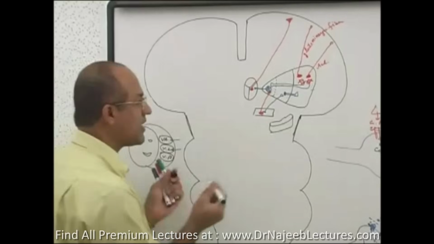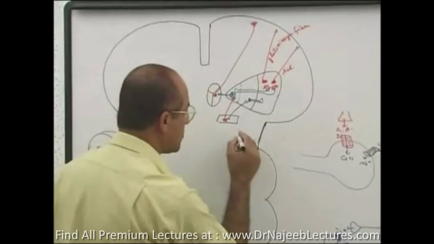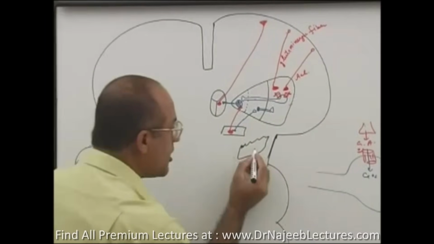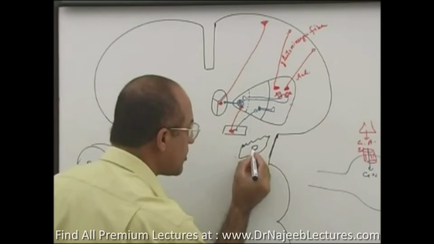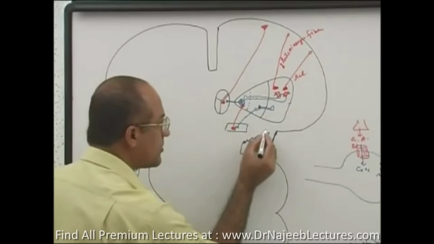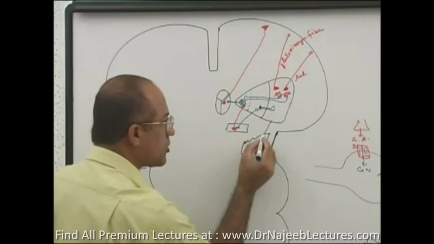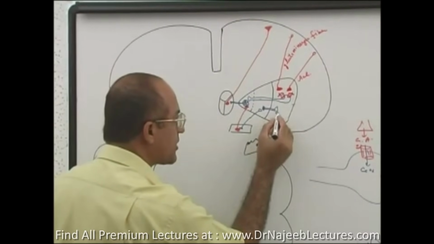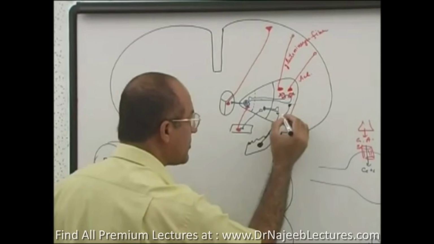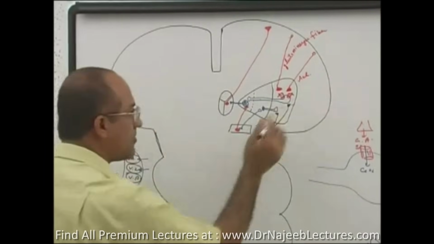From the substantia nigra, okay, I will make it also more simple. This is substantia nigra. From the substantia nigra, there is a very big group of neurons which fire to striatum. These neurons are connected to striatum, and they are connected with the direct pathway as well as the indirect pathway.